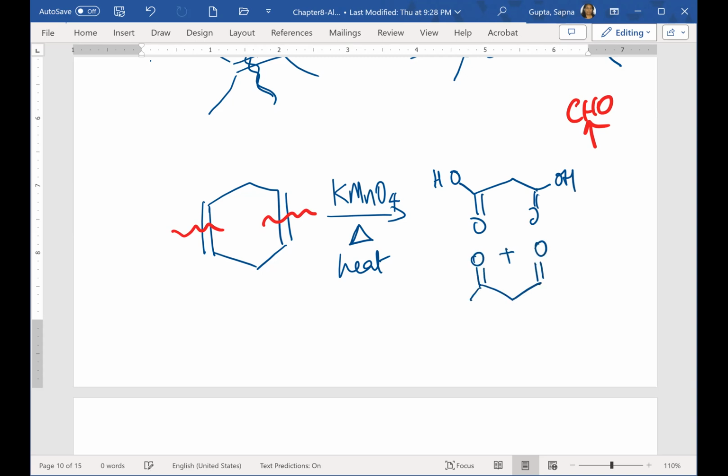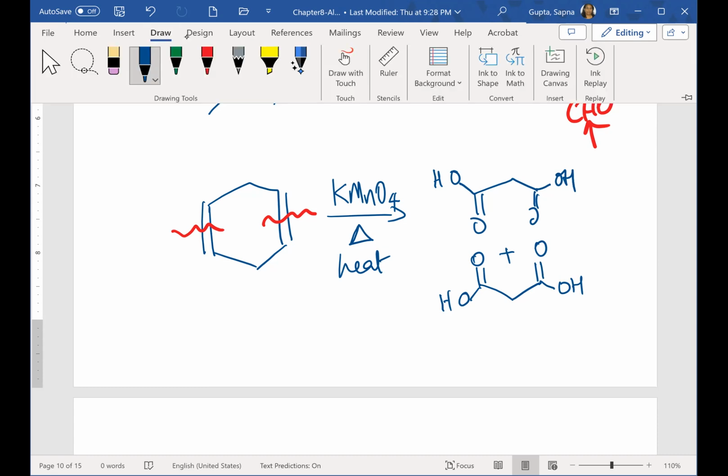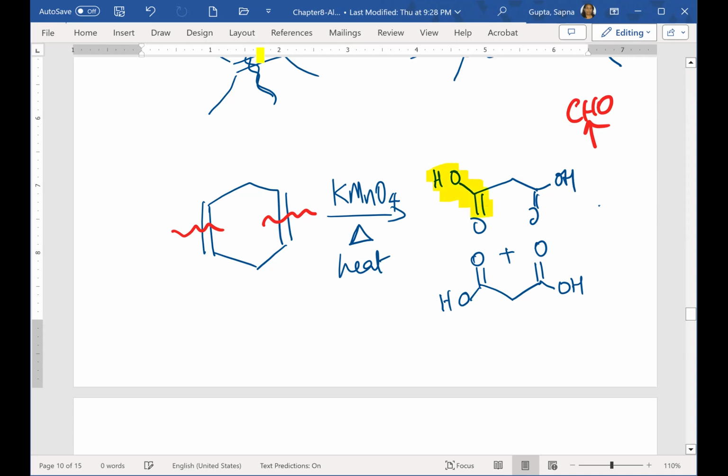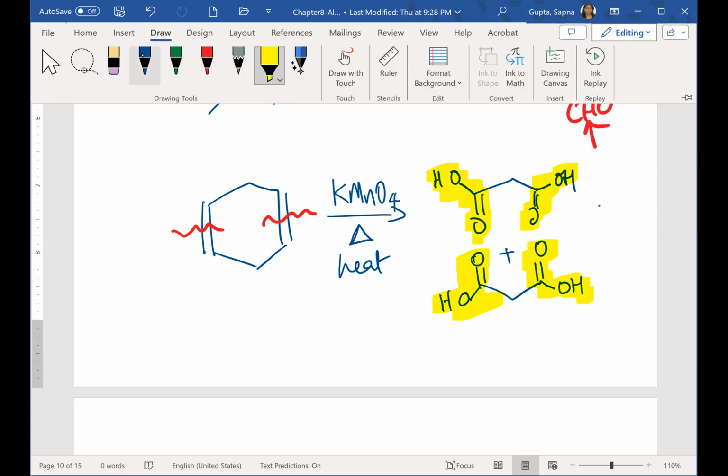I will maintain the skeleton, so you don't feel like I'm missing carbons or anything like that. Still have 6 carbons, but now my functional group here is a little bit different because now I have acids. So that's the difference between ozonolysis and KMnO4.